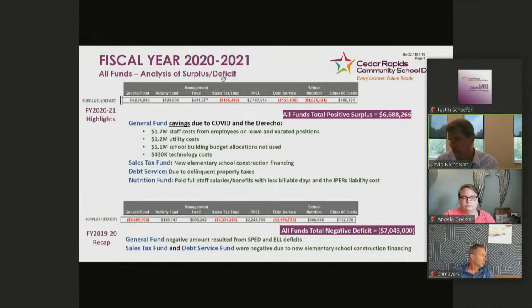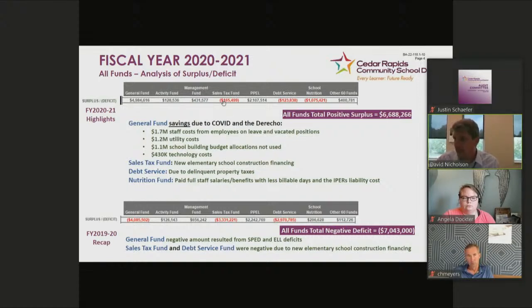In the sales tax fund, we actually brought in an additional $16.5 million or so in GO bonds for the construction of Maple Grove Elementary School. So those are revenues that came in for GO bond revenues.